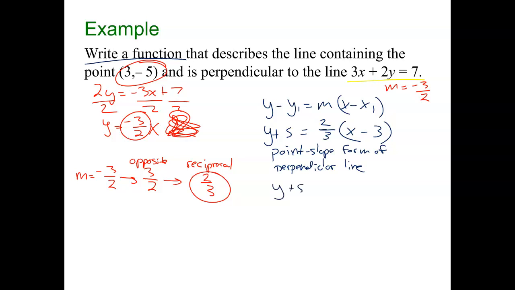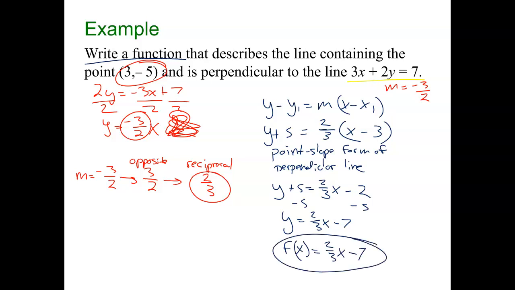So y plus 5, let's do distributive. That'll be minus 2 when we distribute. Then subtract 5. y equals 2/3 x minus 7. And then f of x is 2/3 x minus 7. And that's our perpendicular line in function notation.